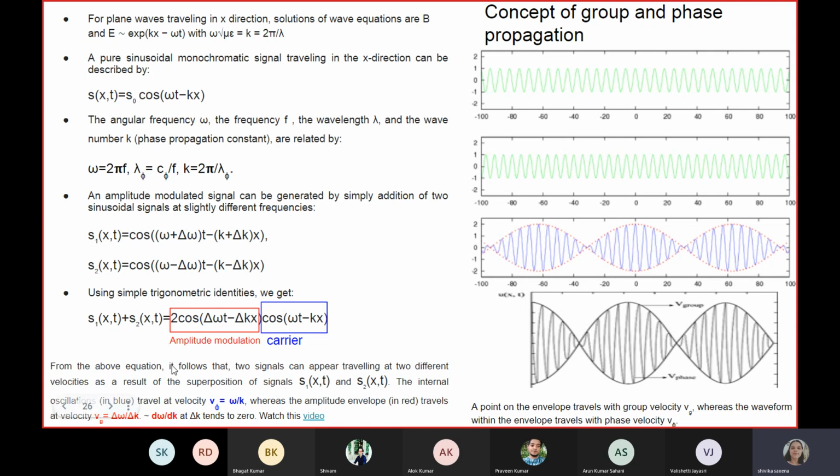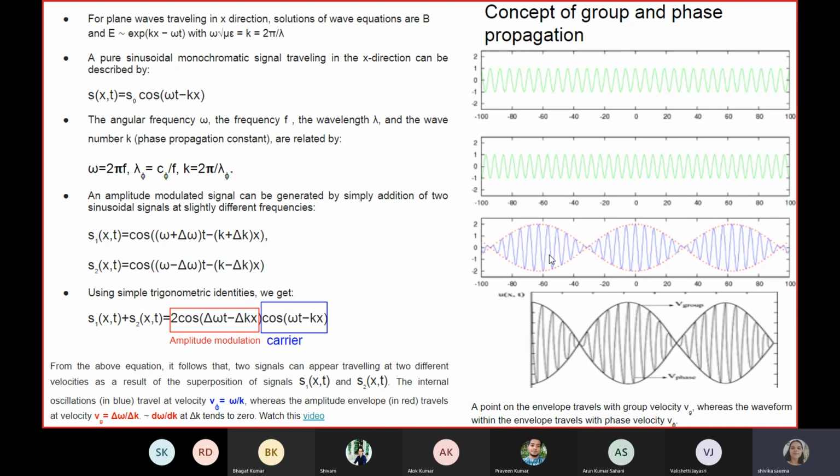So from the above equation, it follows that two signals can appear traveling at two different velocities as a result of the superposition of signals S1 and S2. In the figure on the right-hand side, you can see we are combining the first box with the second box, and then obtaining the third box of the figure.